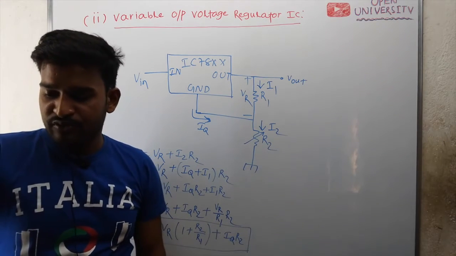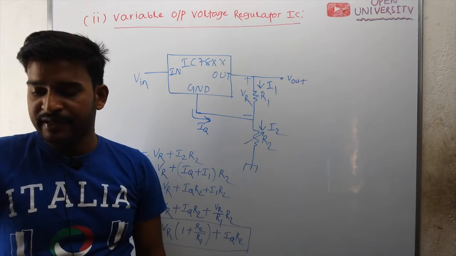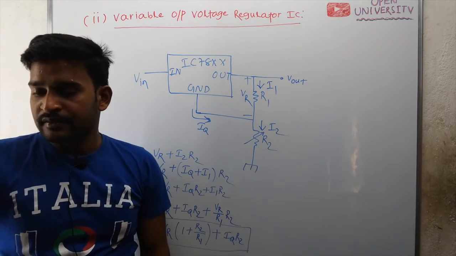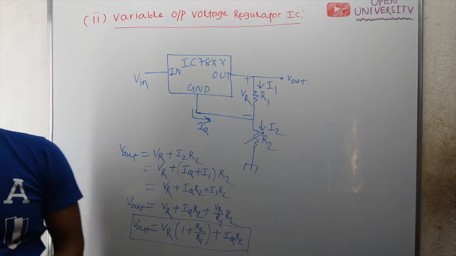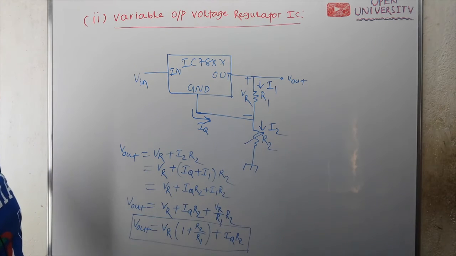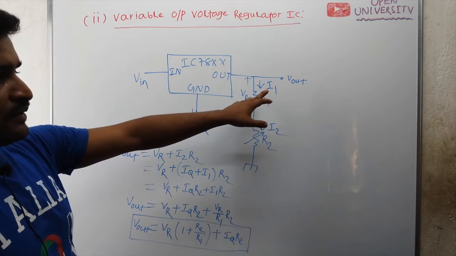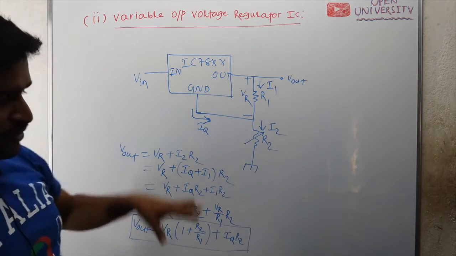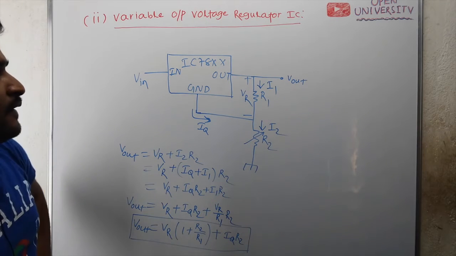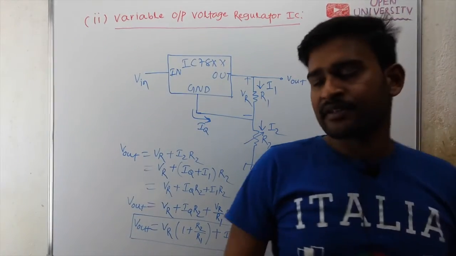Output voltage Vout can be varied by changing resistance R2. Hence the above circuit is called variable output voltage regulator.